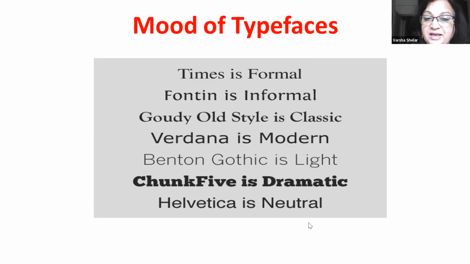Benton Gothic is light. Chunk 5 is dramatic. Now see the serif here. This is a slab serif. As I was telling you, some of the slab serif typefaces literally have serifs that look like bricks. So this is one of them. Helvetica, as I told you, is neutral. You can use it for any application. It's a very versatile font.